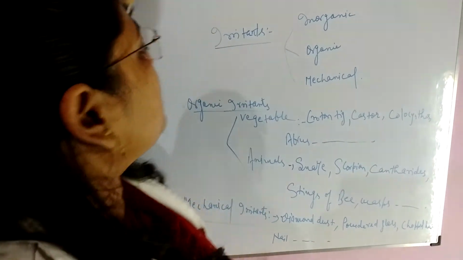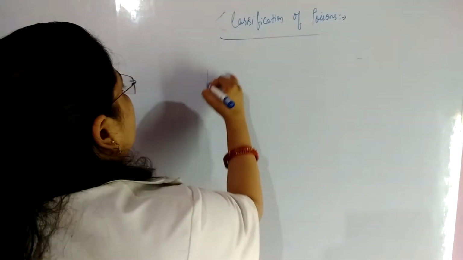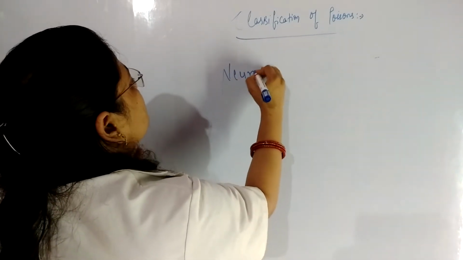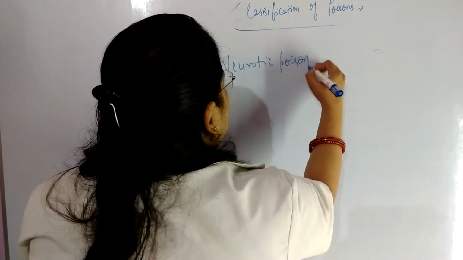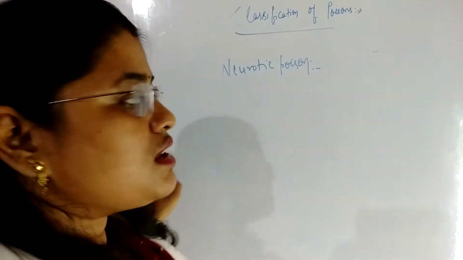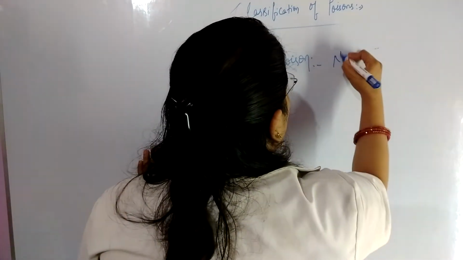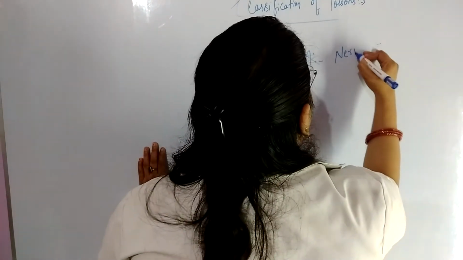Now next is neurotic poisons. Neurotic poisons are poisons which act on the nervous system. The main seat of action is the nervous system.